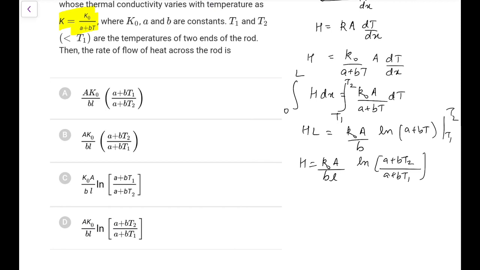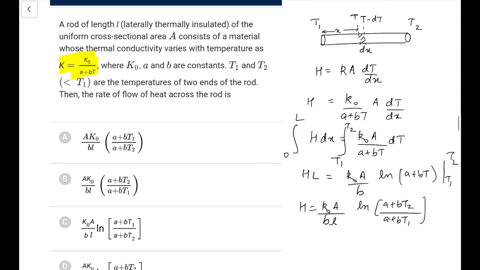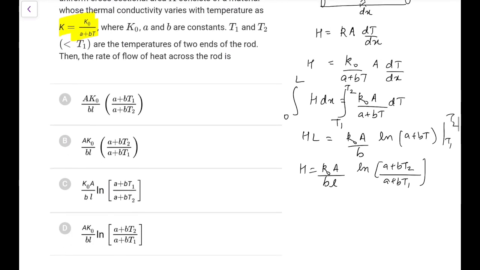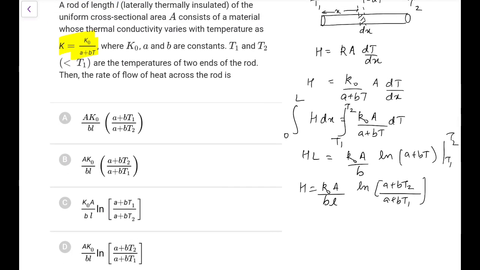But you already know there would be some sign mistake, because H is typically written as minus KA dT/dx. T1 is the greater one, so I have written it right. What's the mistake that I have done? Let me check. There must be some sign issue, because one thing is clear: T2 is lesser, so the quantity cannot be less than 1.